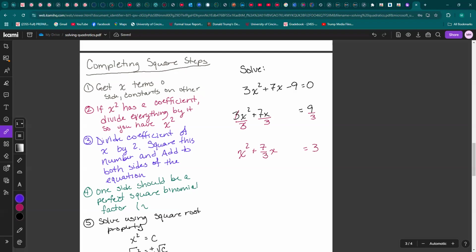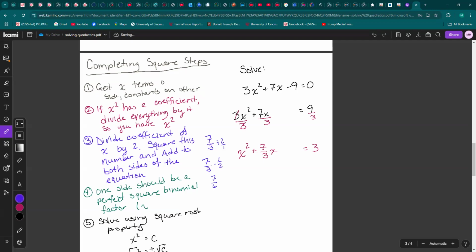Divide the coefficient of the x by 2. So I have 7 thirds divided by 2. So this is going to be 2 over 1 because I like fractions. So this is the same thing as 7 thirds times 1 over 2, which is 7 over 6.